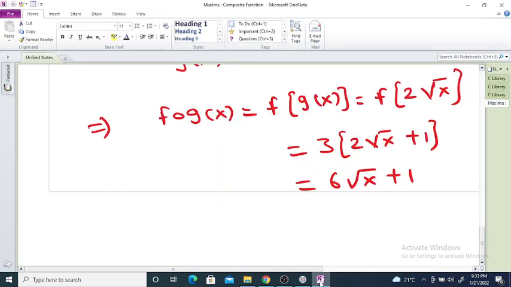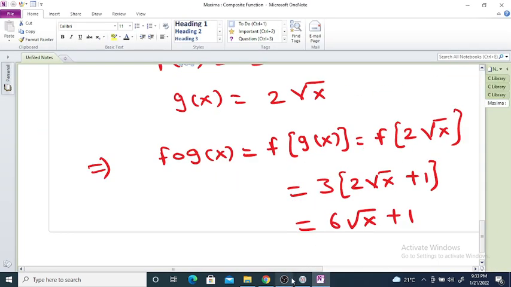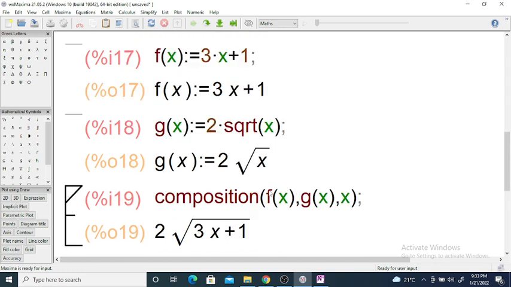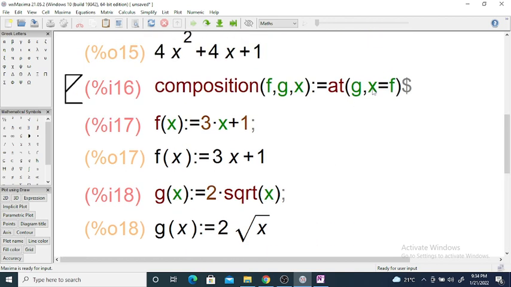So f of g of x is the composition function we defined. This is nothing but g of f of x, that is, we put the value of x in place of g.